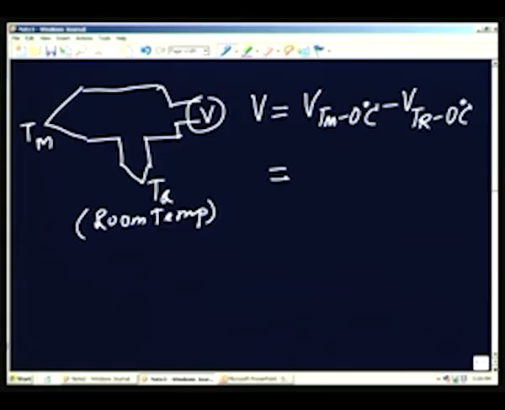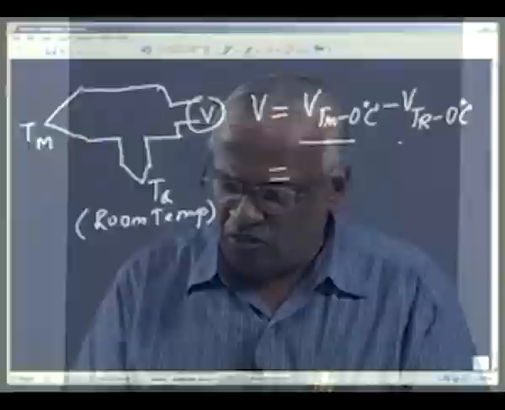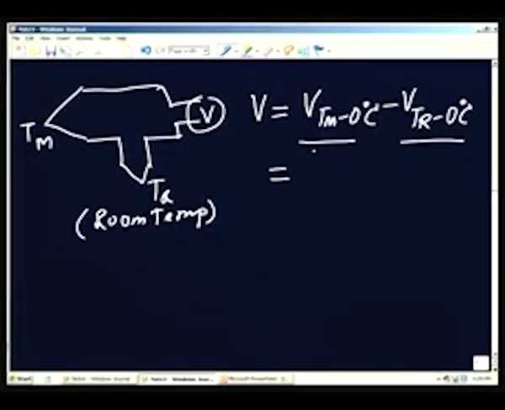In fact, again we go back to the same table which gives the thermoelectric Seebeck voltage versus temperature, and the table is with respect to 0 degree Celsius. Therefore, I will be able to directly read these two quantities from the table, and this already has been done. This is equal to 4.095 as in the previous case, minus the value corresponding to the room temperature, which is equal to 1.203 millivolts.